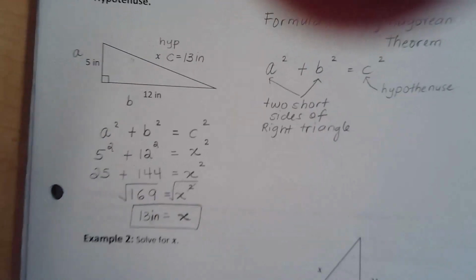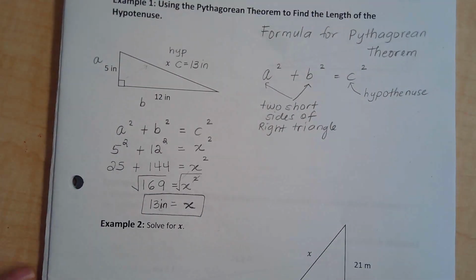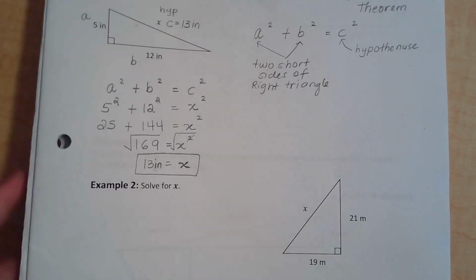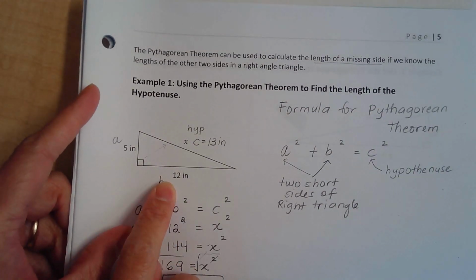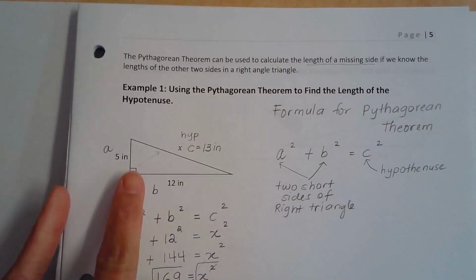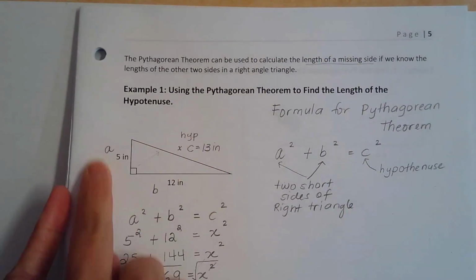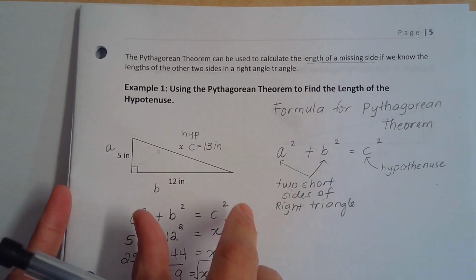It's nice that we solve this algebraically, but I'm going to try to recreate this triangle with the exact measurements. I'm actually going to turn it this way because it's not going to fit.